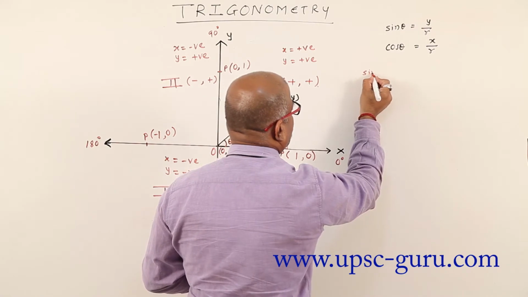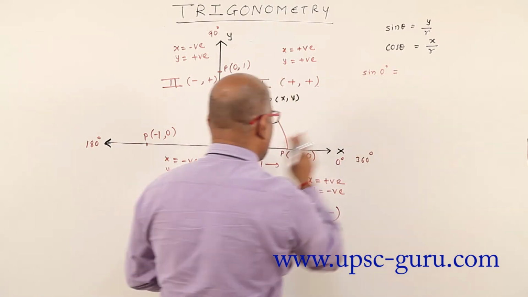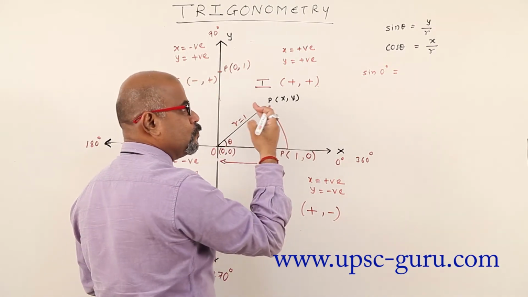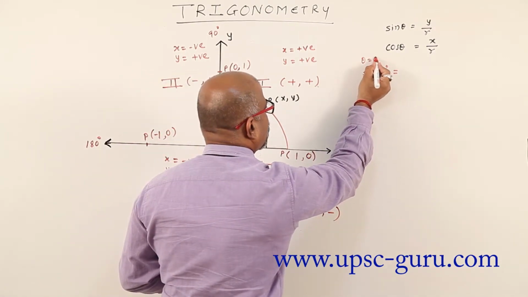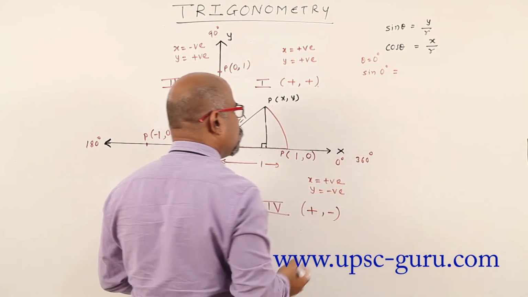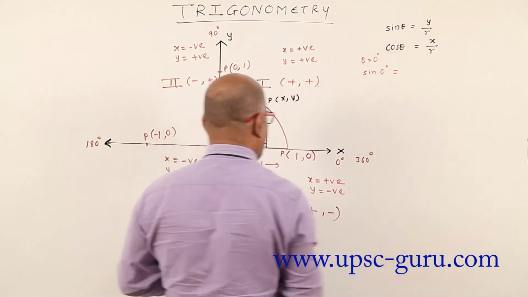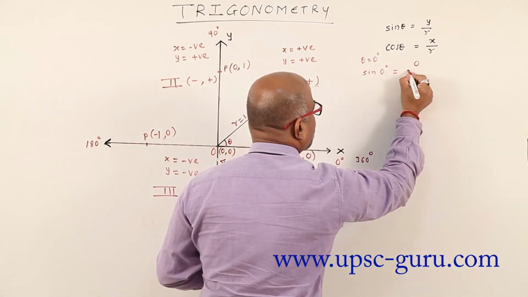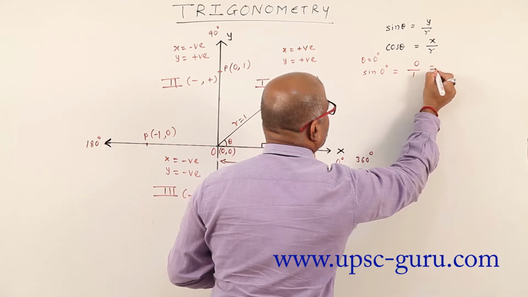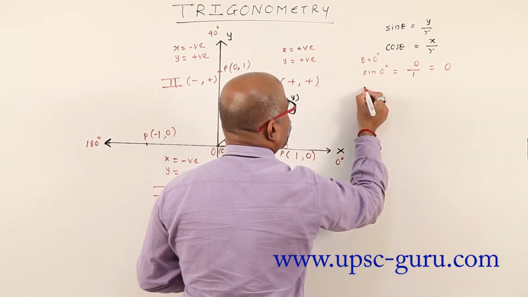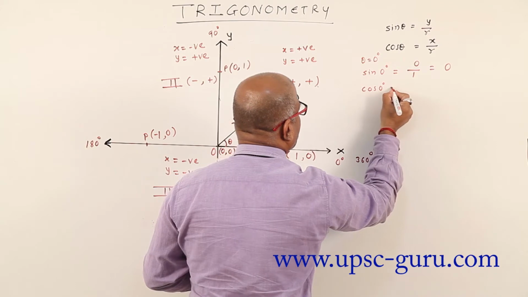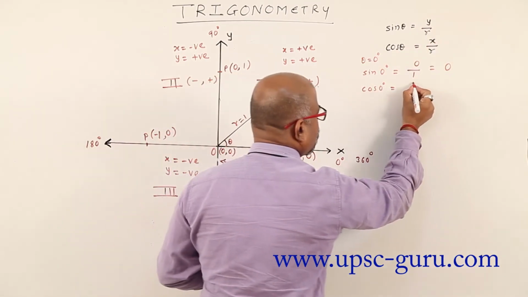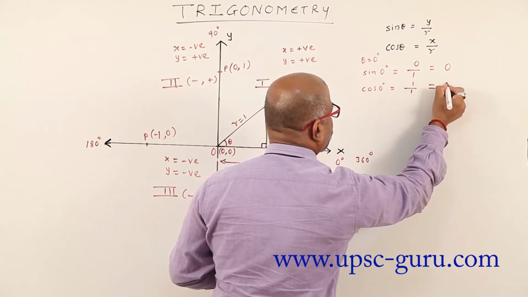Sin 0 degree: when P is on the positive direction of the x-axis, theta equals 0 degree. Sin 0 degree equals y upon r, the value of y is 0 and r is 1, so 0 upon 1 is 0. Cos 0 degree, x upon r, x is 1, r is 1, we get 1.